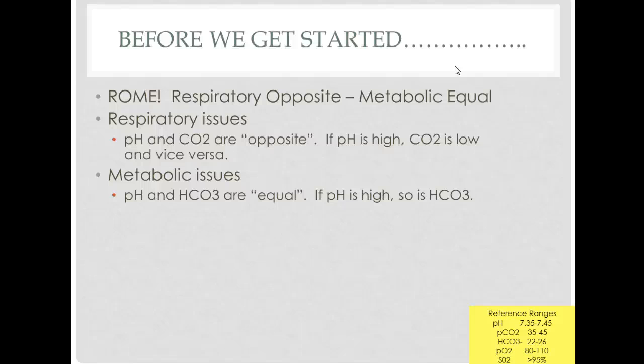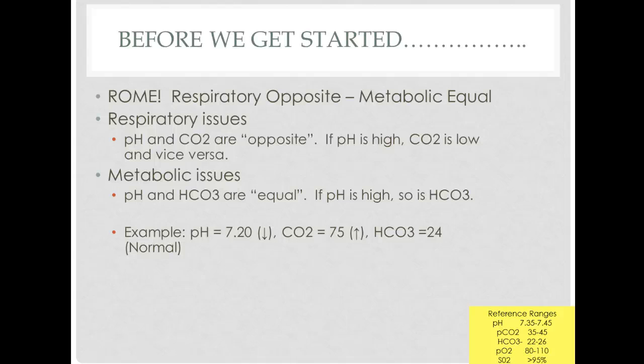If the pH is high and the CO2 is low in regards to the reference range, it's a respiratory issue. It's a metabolic issue if the pH and bicarb are equal. So for example, if the pH is high, so is the bicarb. If the pH is low, so is the bicarb. So they run the same direction. Where respiratory, they're going to be opposite. If one's high, the other's low, and vice versa.